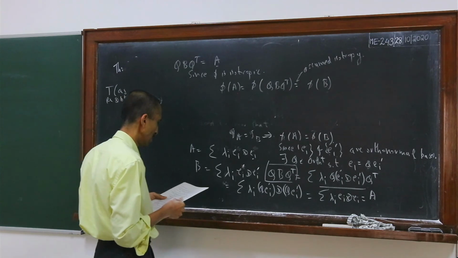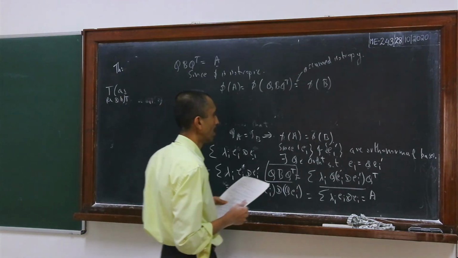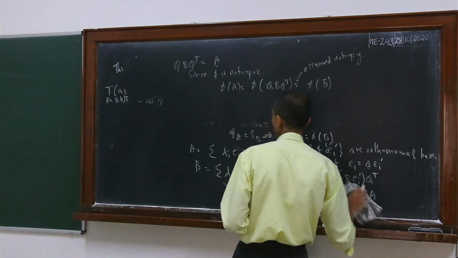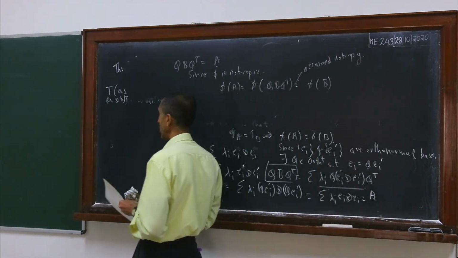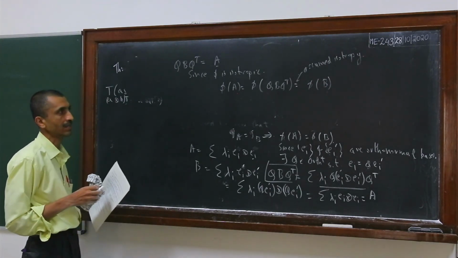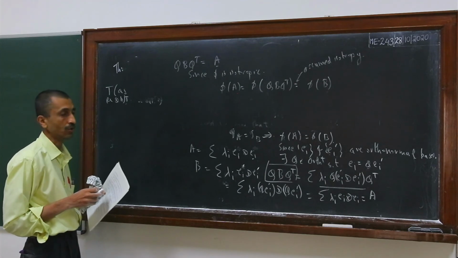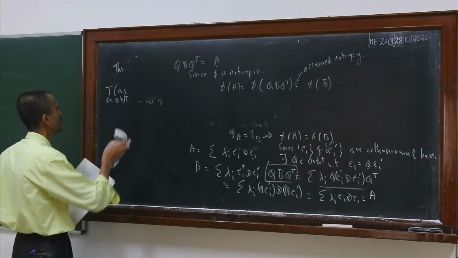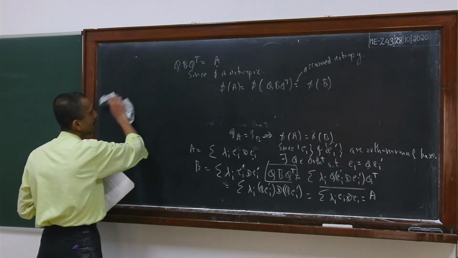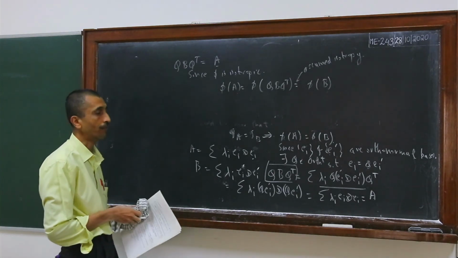So that is the theorem that we have now proved. This gives a characterization of scalar valued isotropic functions. Similarly, there is a characterization of tensor valued isotropic functions, which is known as the Rivlin-Ericksen theorem.